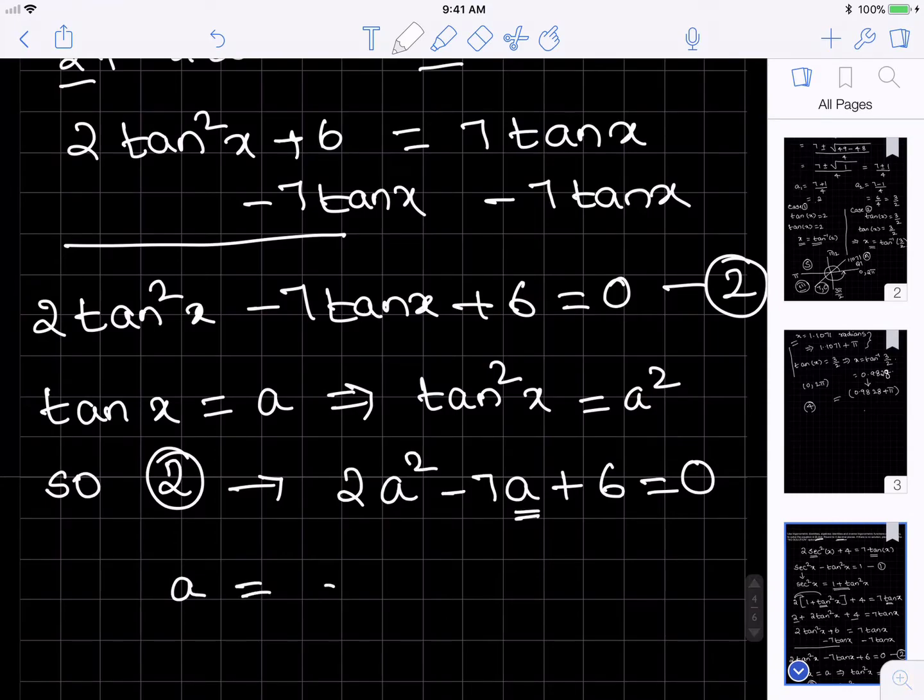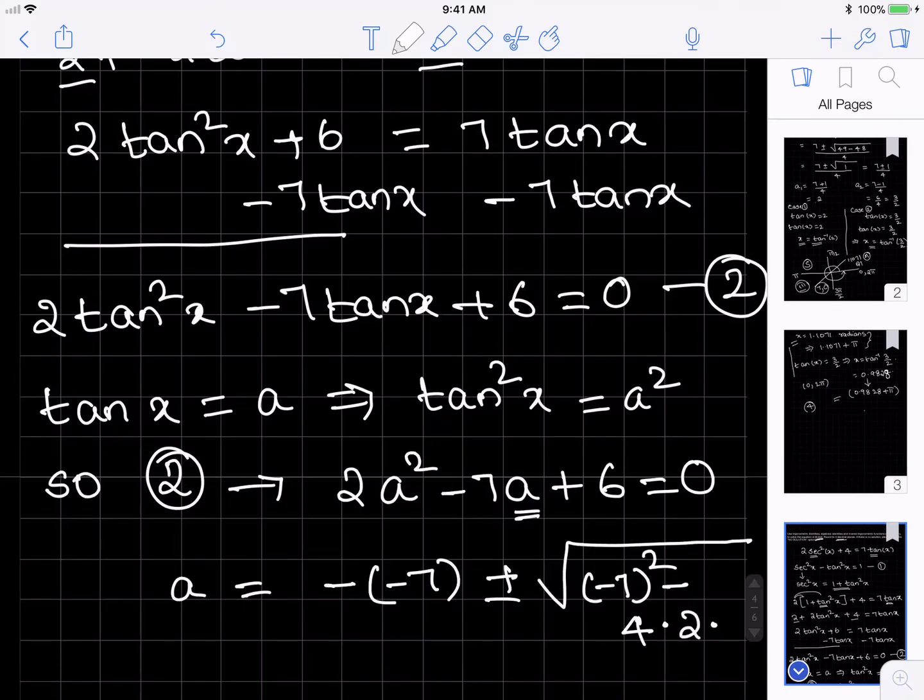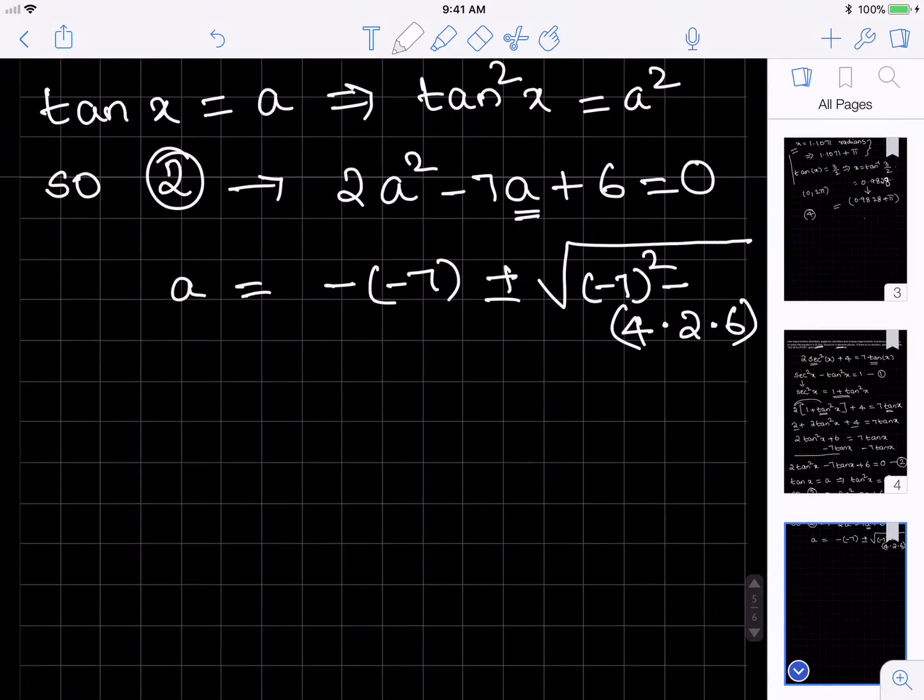It is minus of negative 7 plus or minus the square root of negative 7 whole squared minus 4 times 2 times 6, over 2 times 2.